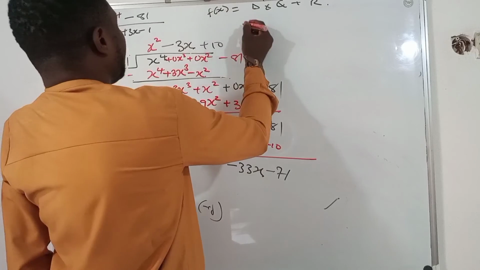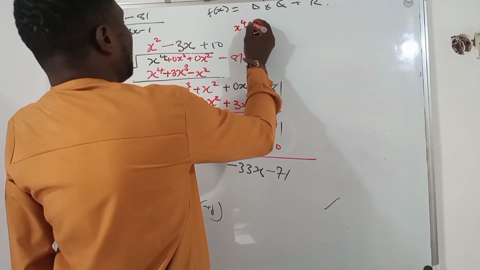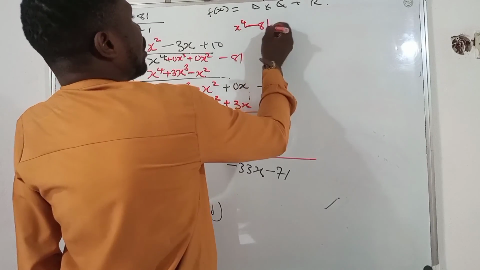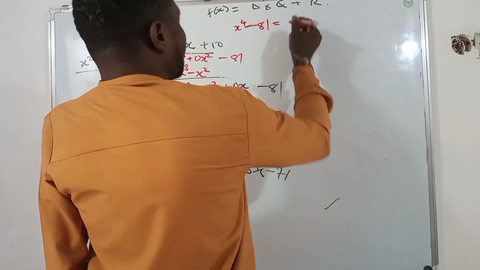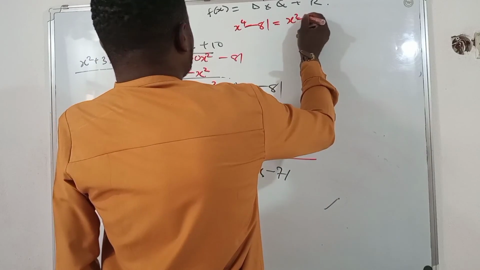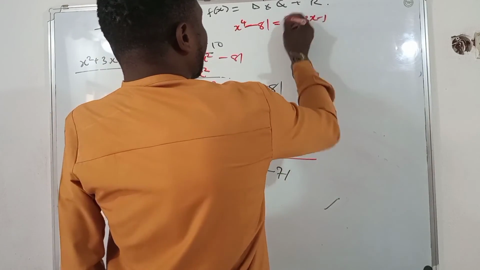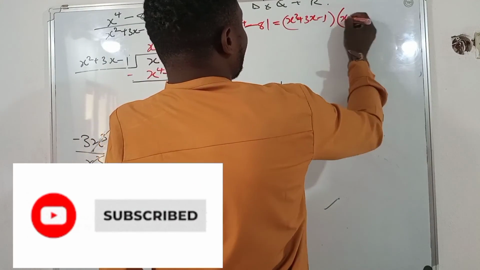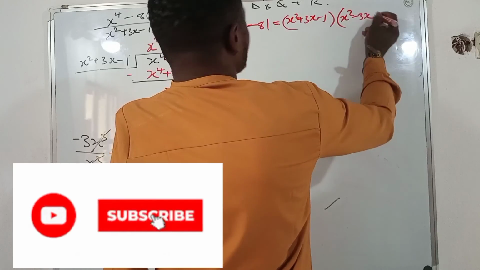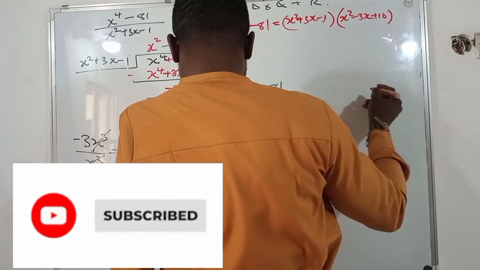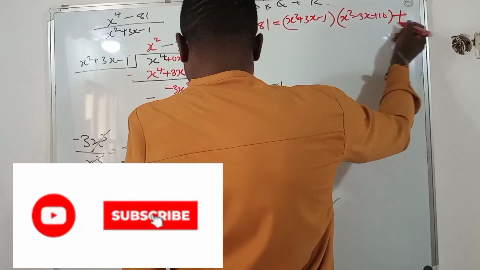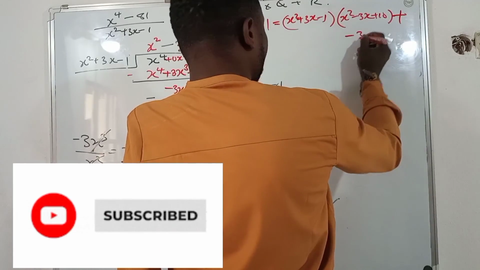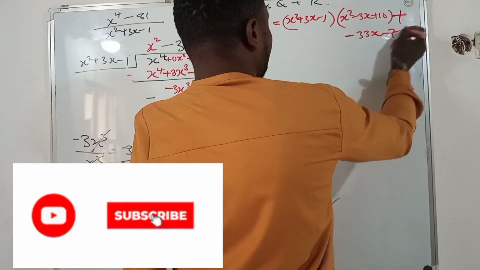It is x raised to the power 4 minus 81. It's equal to the divisor, x squared plus 3x minus 1, multiplied by the quotient. The quotient is x squared minus 3x plus 10. Plus our remainder, which is minus 33x minus 71.